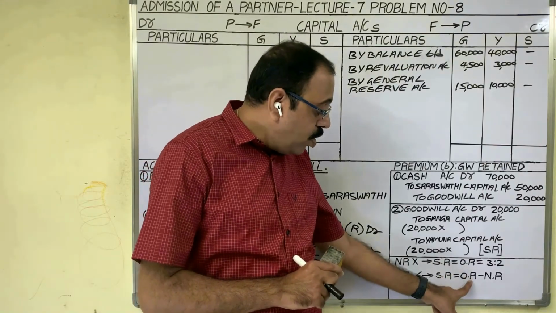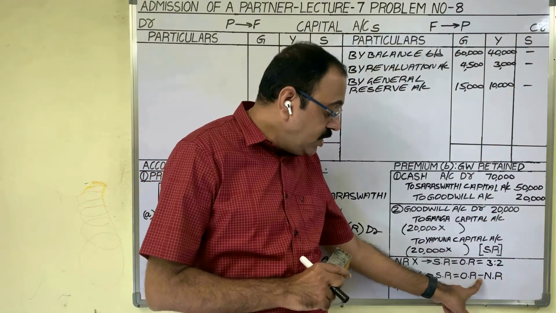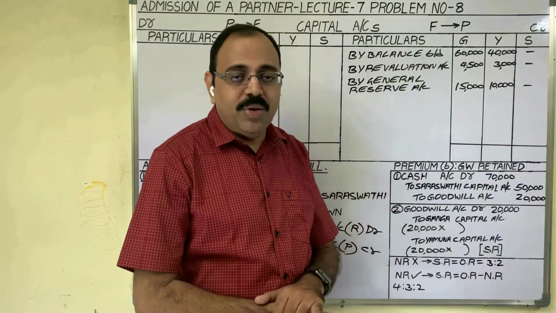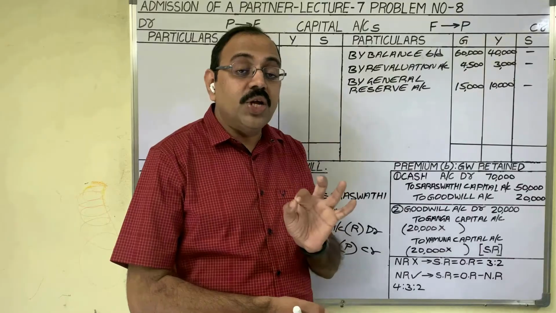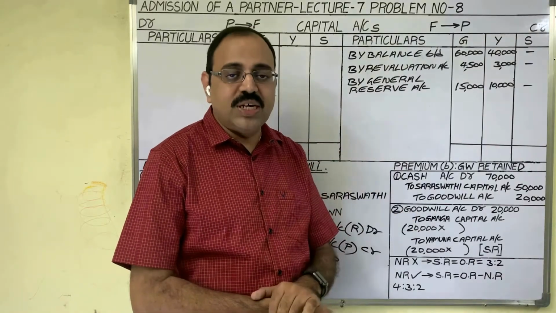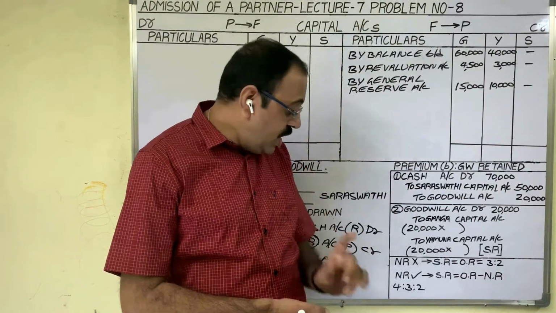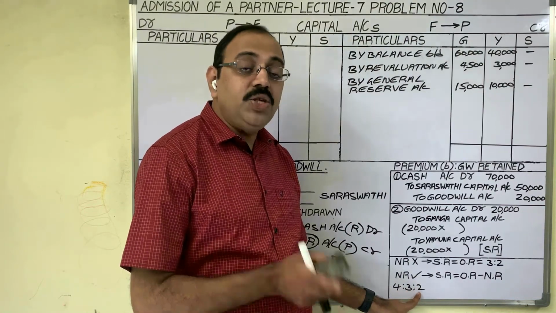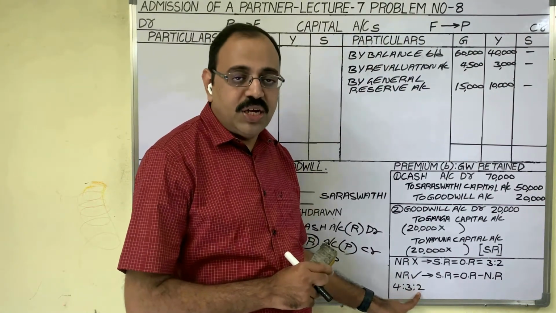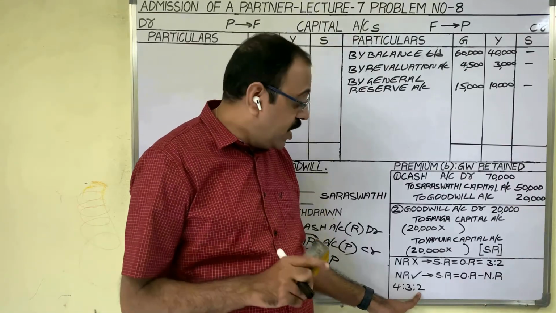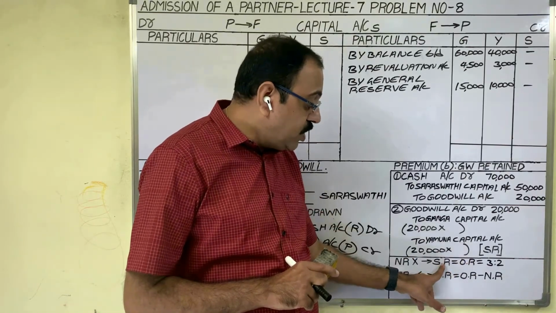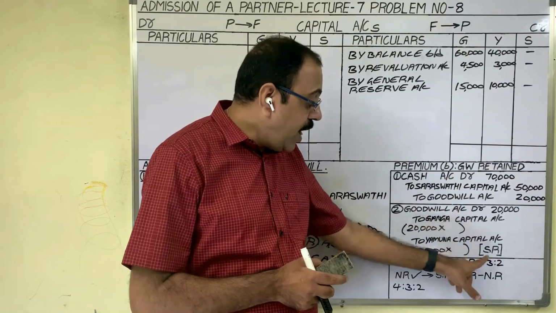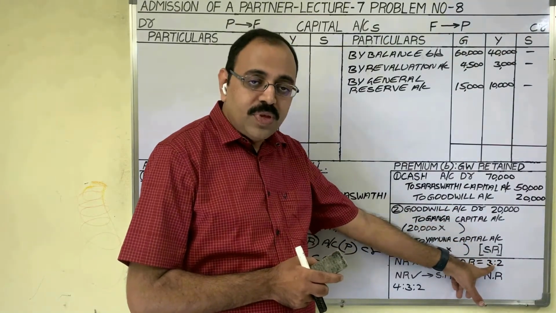That is old profit and loss ratio minus new profit and loss ratio. In the present problem, the new profit and loss ratio is given in the question. The new ratio is 4:3:2. As the new ratio is available in the question, we should not think that the old ratio and sacrificing ratio both are same. So goodwill should not be distributed as per 3:2.